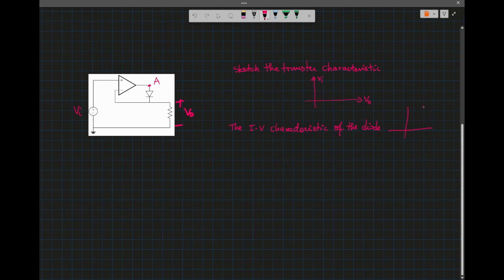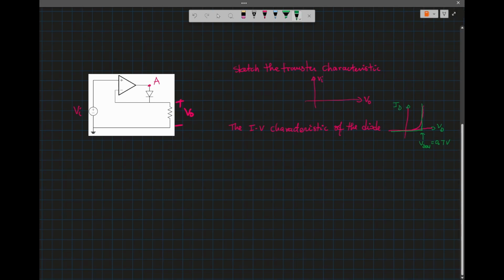So it's something like that, but we are going to approximate with this line, and this is the VD on. In most cases it's equal to 0.7 volt. So this is the diode voltage, and this is the current through the diode. Call it ID.